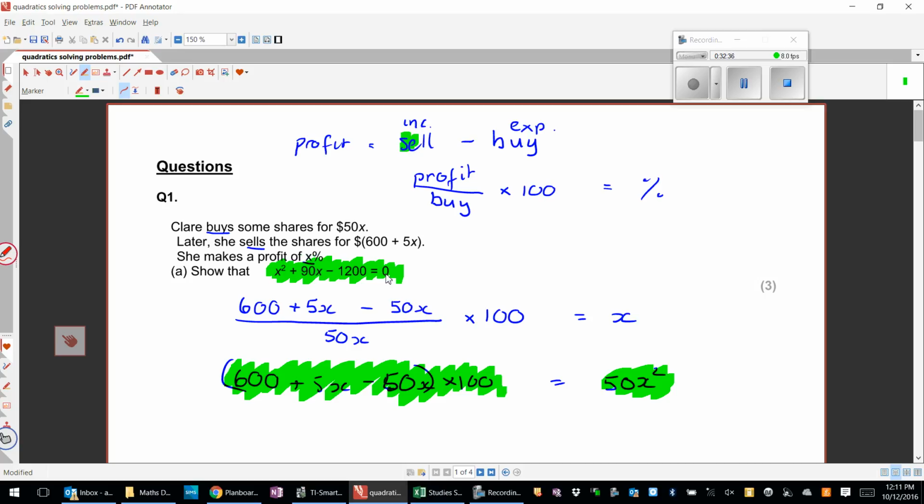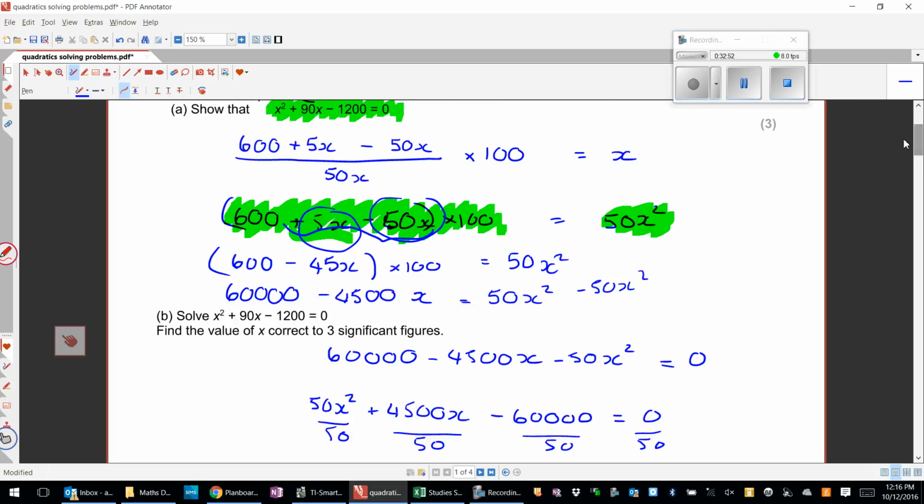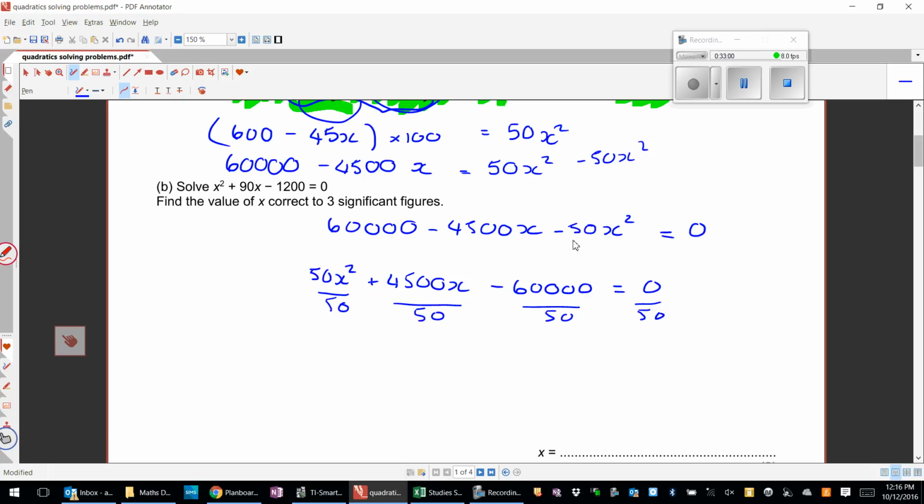Okay, so by doing the minus 50x squared, I've got it all on this side. That gives me the equals 0 I need. But there are two problems: in the question it wants x squared plus 90x minus 1200. So if I shift all this side, maybe instead of doing that, I'll write it equals 0 there.